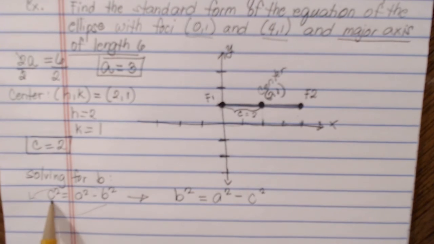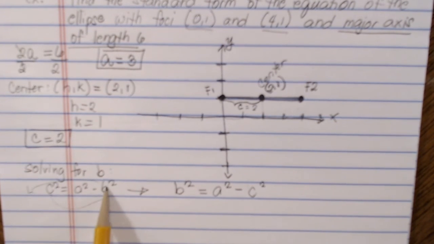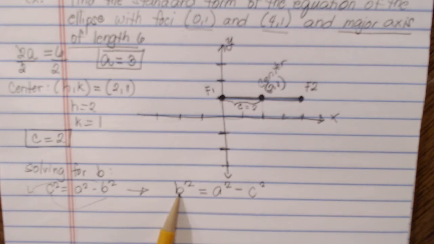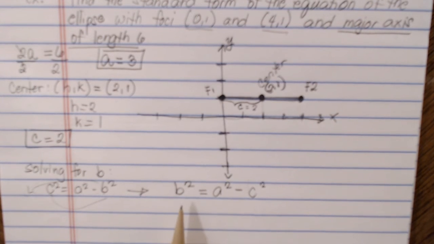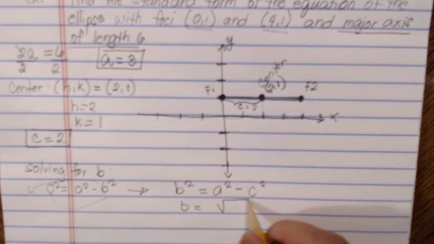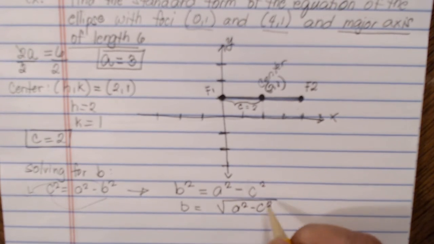You're in a pre-calc or calculus class, you should know how to manipulate this. So b equals the square root of a squared minus c squared.